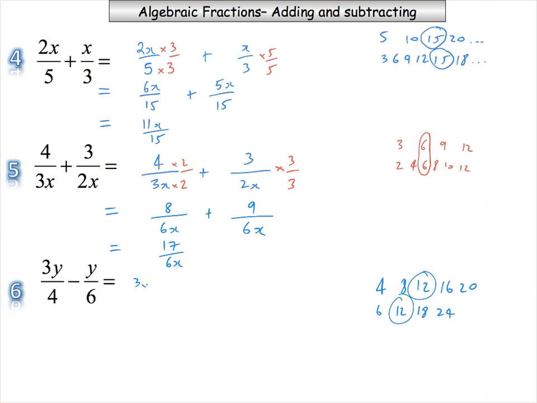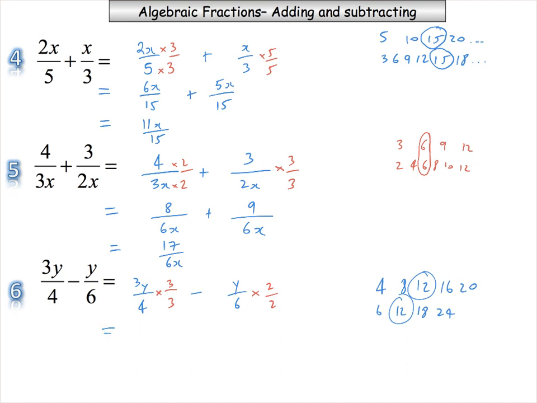So if we have 3y over 4, take away y over 6, getting a common denominator, so this one will be 12, so we need to multiply the denominator by 3, and this one by 2 over 2.